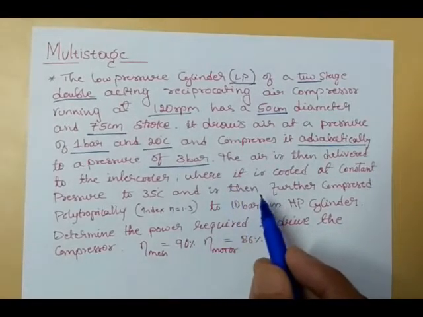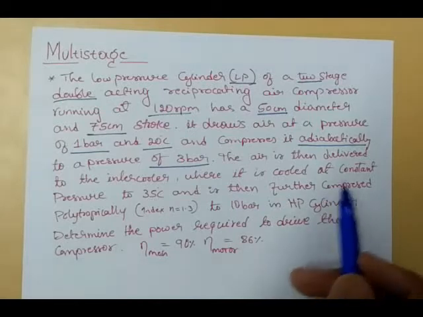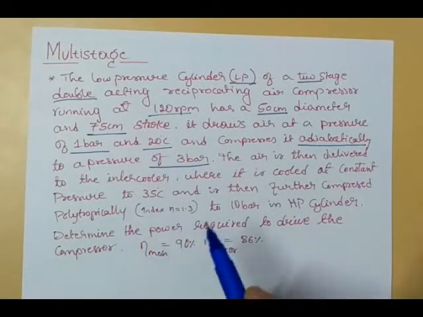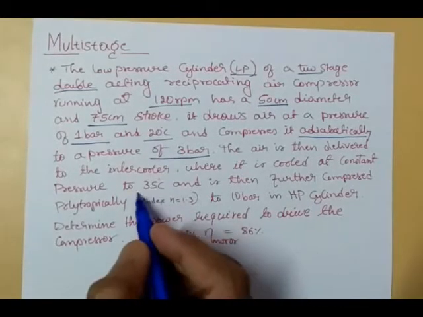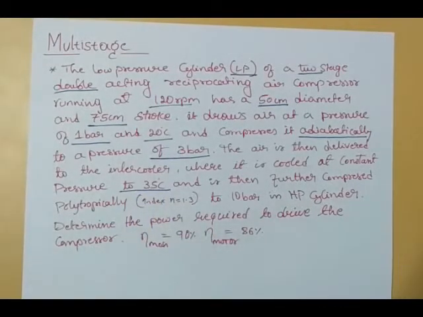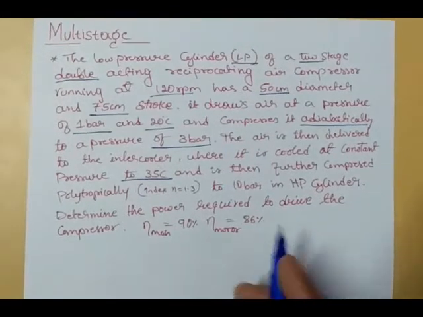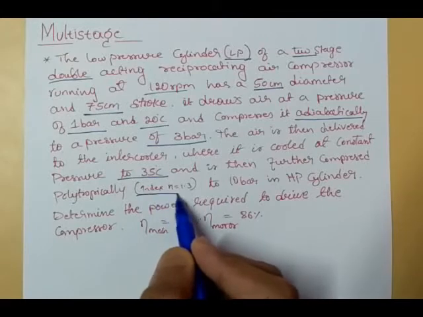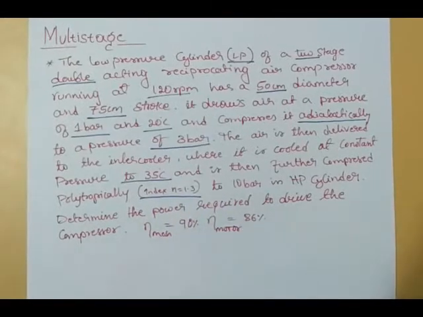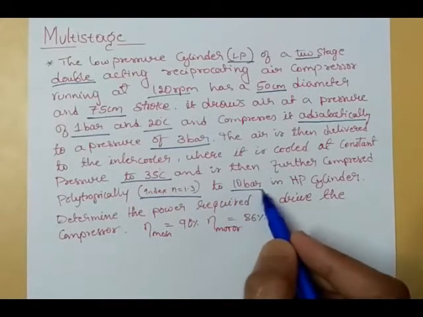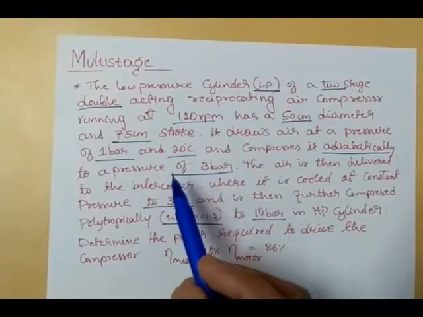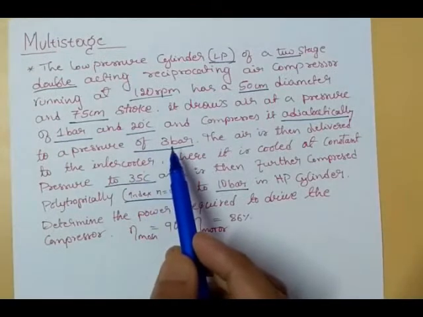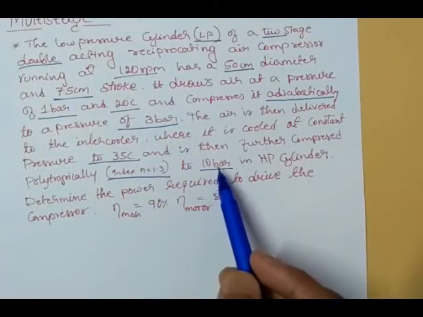So the air is cooled at constant pressure, so the pressure remains the same, to a temperature of 35 degrees centigrade, and then it is further compressed polytropically to 10 bar. So what you identify is that from 1 bar air is compressed to 3 bar, and from 3 bar air is compressed to 10 bar.